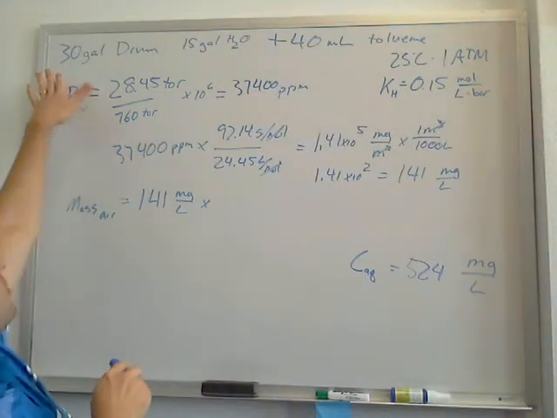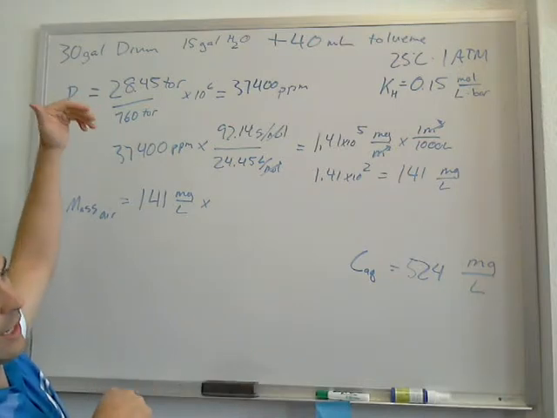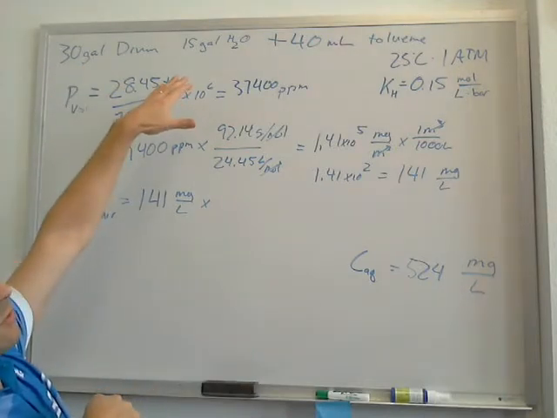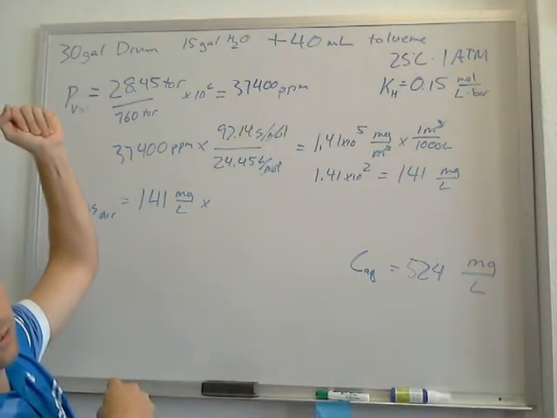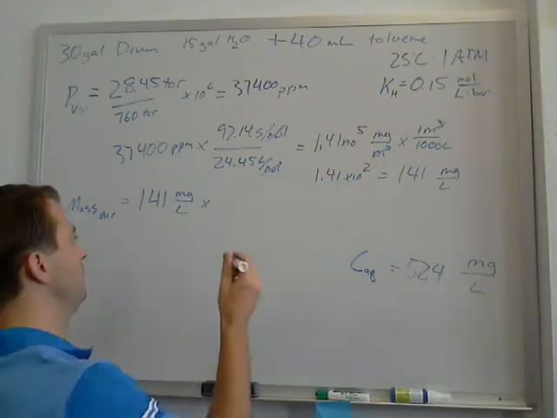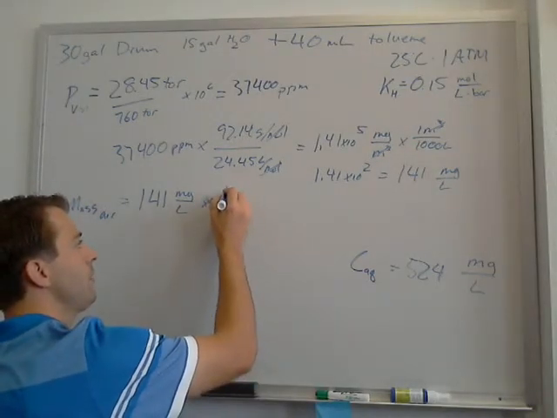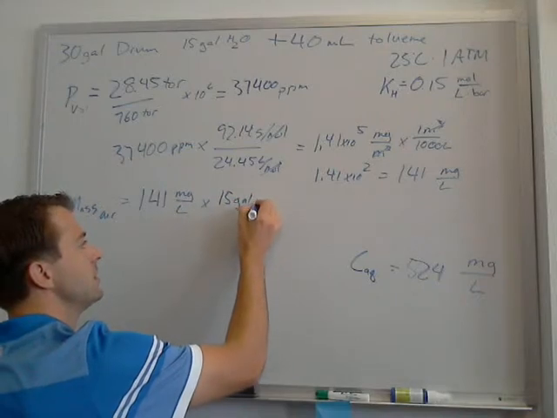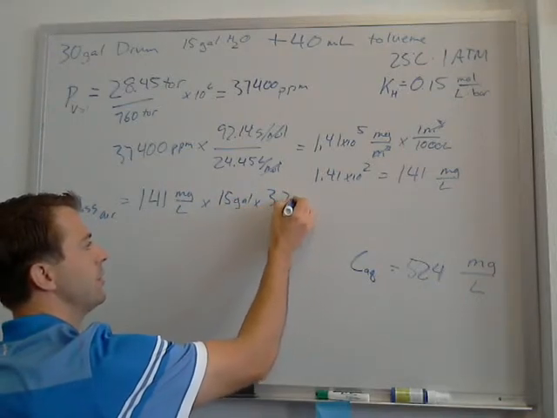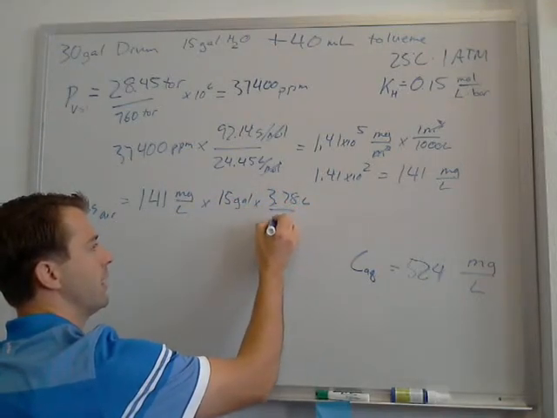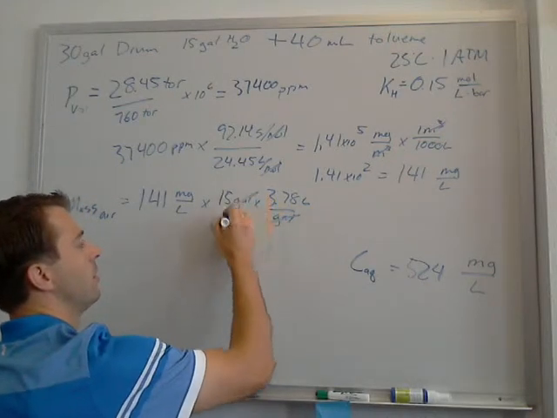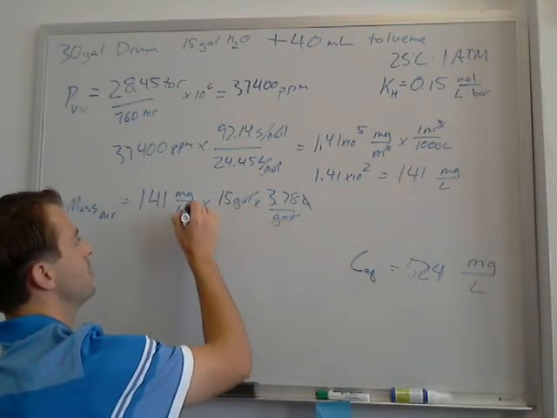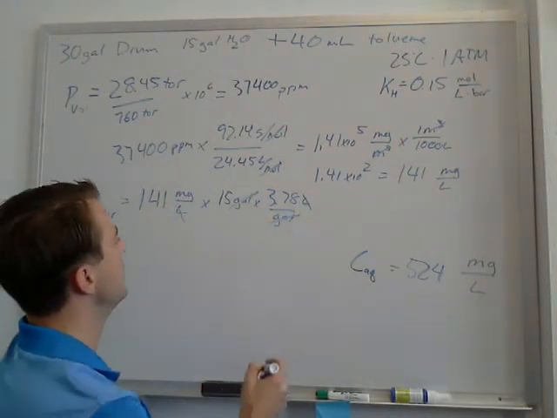So we're assuming this 30-gallon drum holds exactly 30 gallons. We have 15 gallons of water, which means we have 15 gallons of air. So times 15 gallons times 3.78 liters per gallon. So our liters then cancel, and we're just left with mass units.